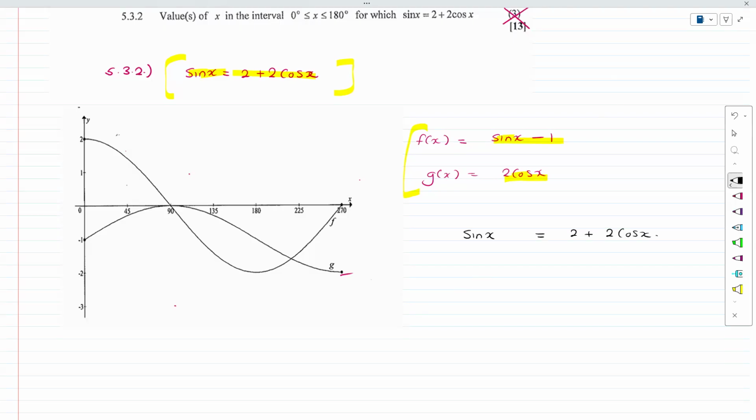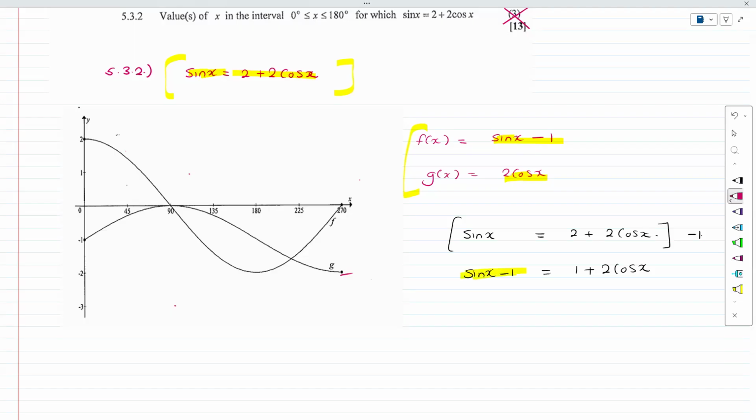If I move, let's say, shuffle, shuffle, shuffle. Okay, so if I minus 1 from this equation, both sides, right? So I'm minusing 1 from both sides. I end up with sine x minus 1 equals to 1 plus 2 cos x. Now I'm happy. Why am I happy?